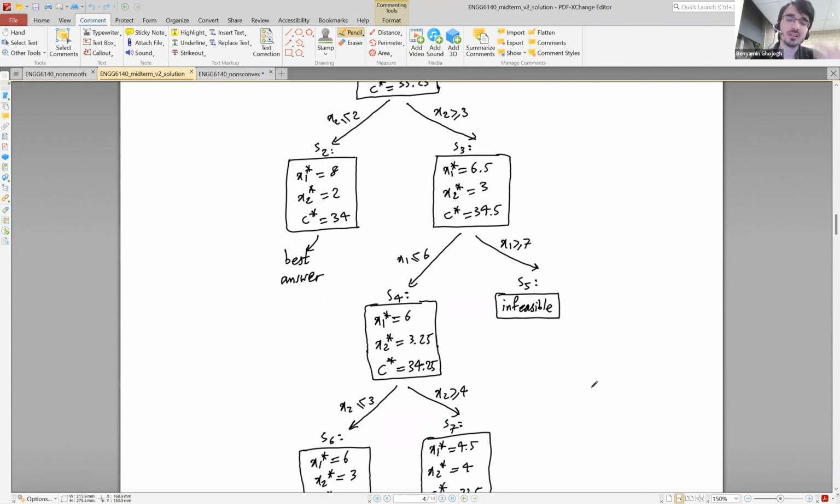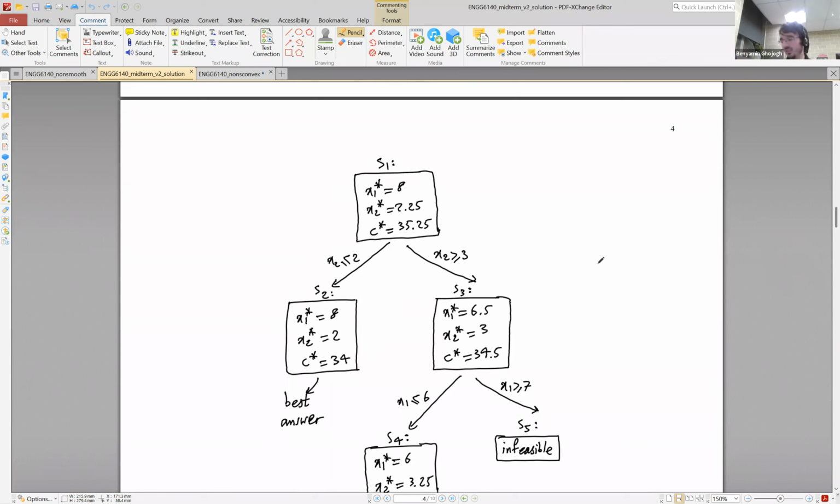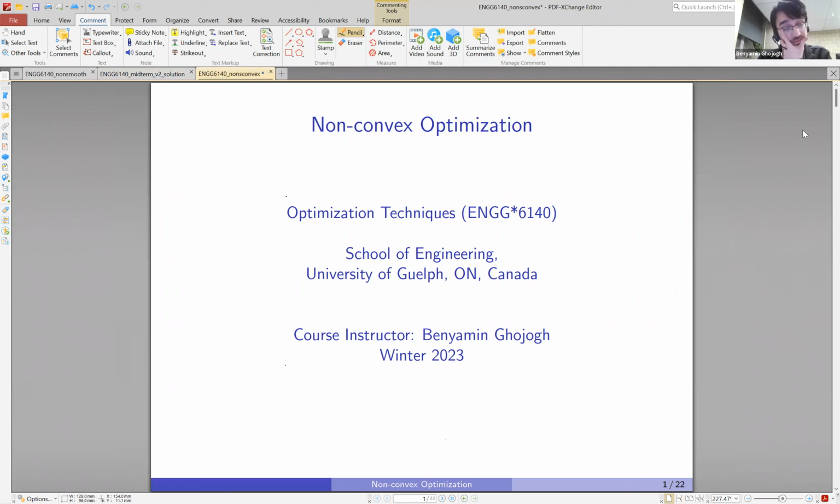But integer linear programming using branch and bound is not that hard because you can always stop at a level where you find an integer solution where the variables are integers, and you know that the children of that level will have worse cost. That was an interesting thing you should note in the integer linear programming branch and bound method. In order to have better efficiency and time complexity of your algorithm, you don't need to continue the tree that far. Okay, now let's talk about non-convex optimization.